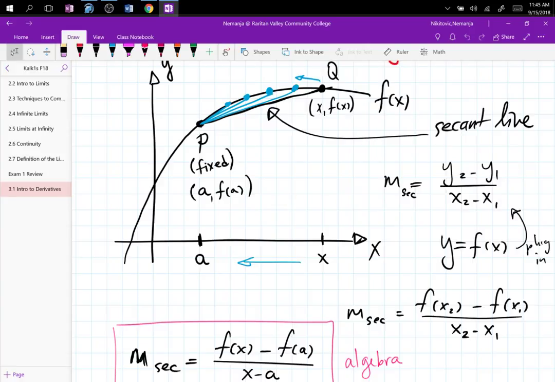When point P and point Q are at the same location, their x coordinate is the same, making x minus a 0, and your algebra stops working at that instant. No more algebra because you are dividing by 0.